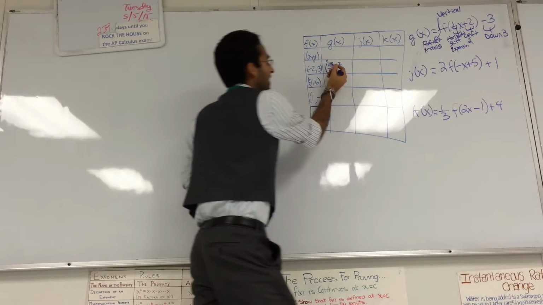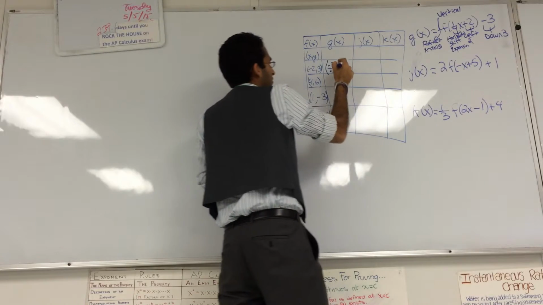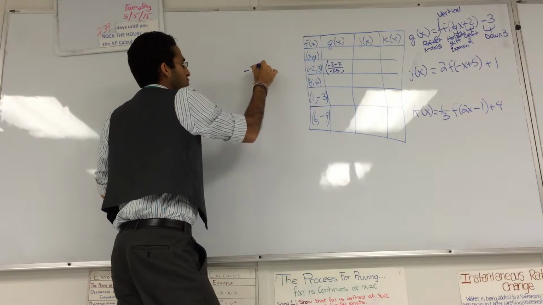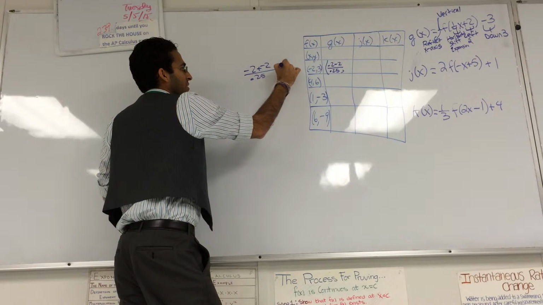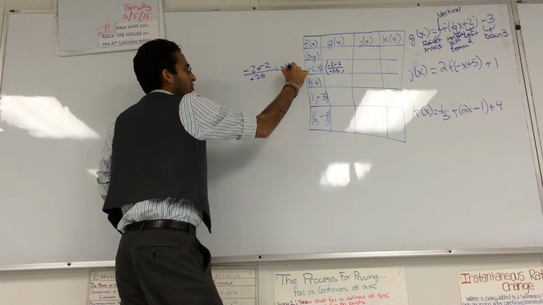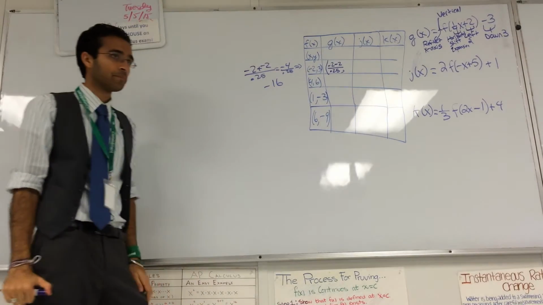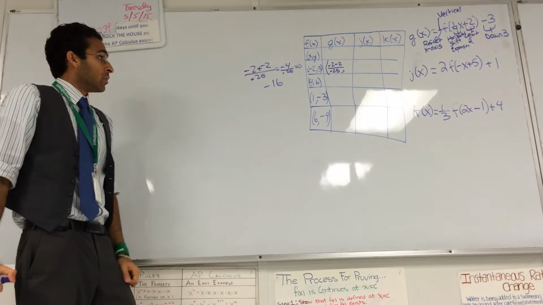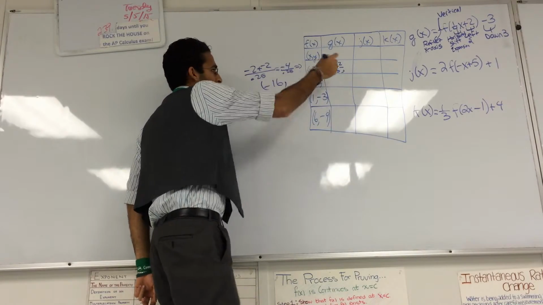So I did -2 minus 2. That's the same thing as -2 plus -2 over 0.25, which is the same as -4 over 0.25, which is equal to -16. So this is -16.